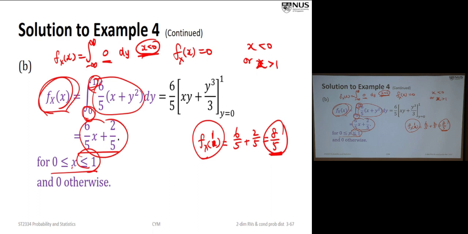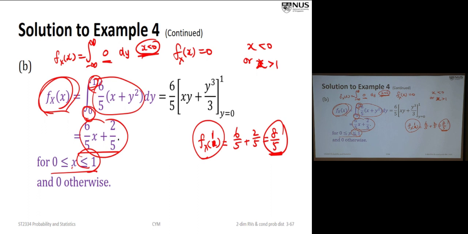Anything wrong? Nothing wrong. This is not a probability. Let me repeat. It's not a probability. This is a probability density. So the density can be bigger than 1.